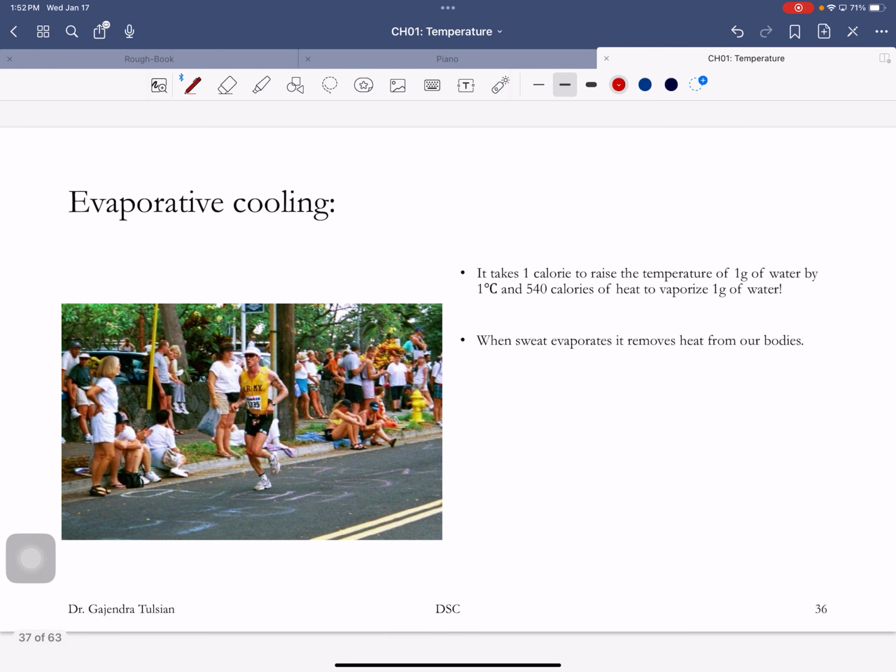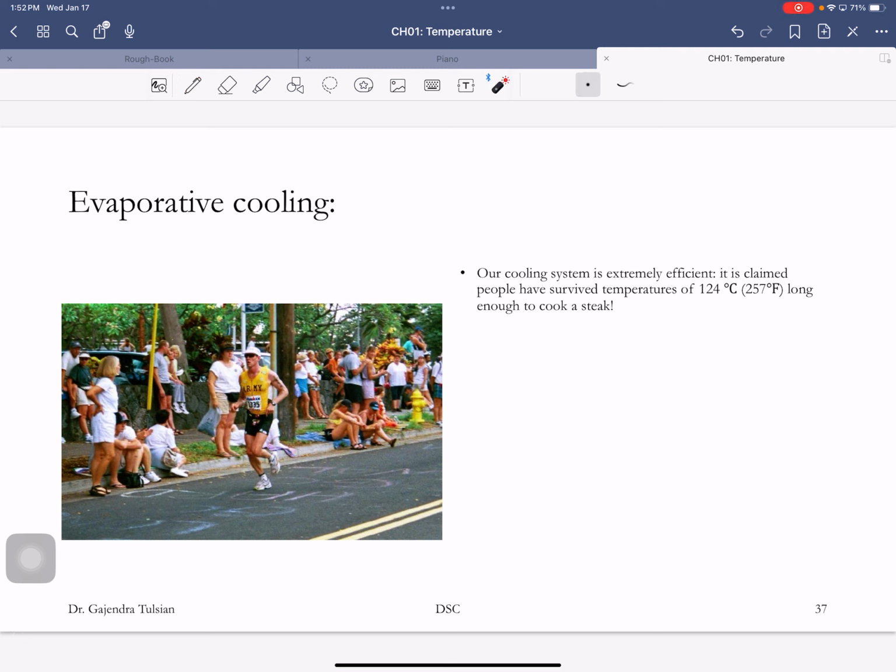Okay, so biology takes advantage of those latent heat numbers. Here's something that I read in a book. It was actually one of our colleagues. Apparently, and I don't know if this is true, but it was in that book.